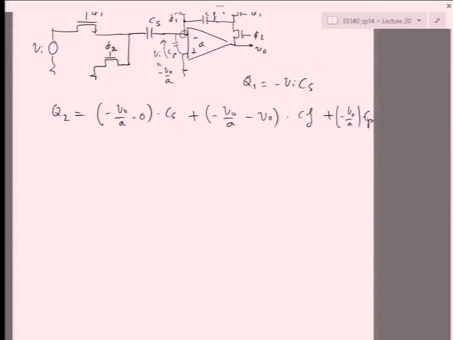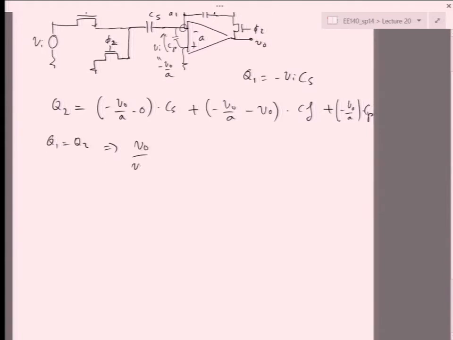So now if you equate Q1 and Q2, what that gives you is that VO over VI is our standard CS over CF, but we have this correction term, 1 over 1 plus A, and then we have CS plus CF plus CP over CF.